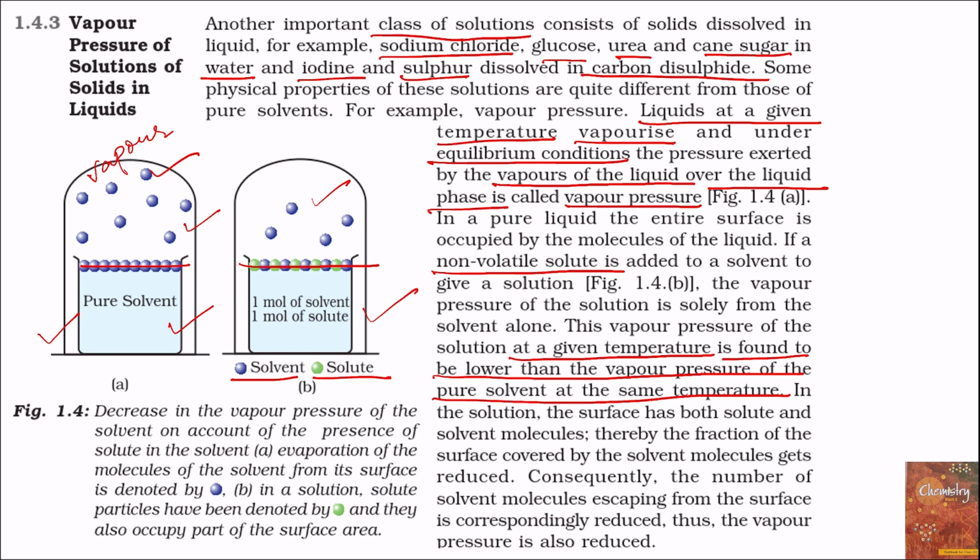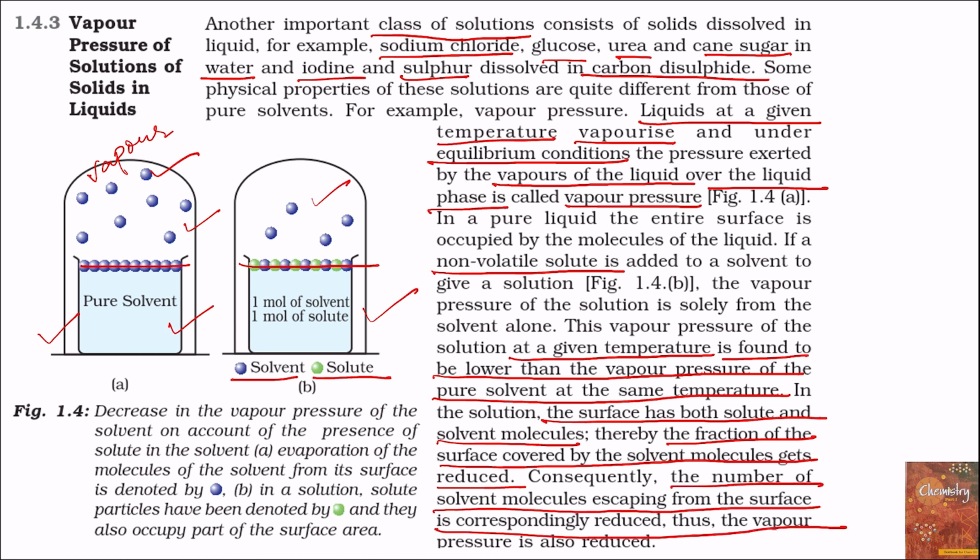So in the solution, the surface has both solute and solvent molecules, thereby the fraction of the surface covered by the solvent molecules gets reduced. Consequently, the number of solvent molecules escaping from the surface is correspondingly reduced, thus the vapor pressure is also reduced.